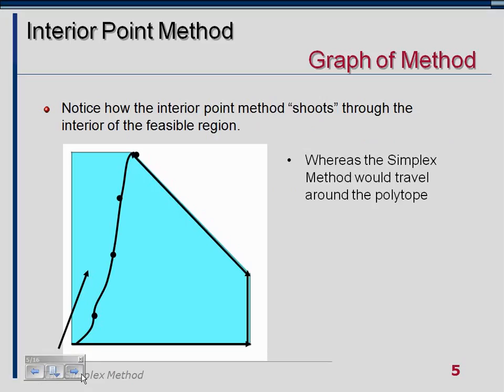But I know it works based on what's referred to as an affine scaling method, meaning that it takes off in a direction with a guess, and then the constraints act almost like a force field, pushing your solution away from the boundary.